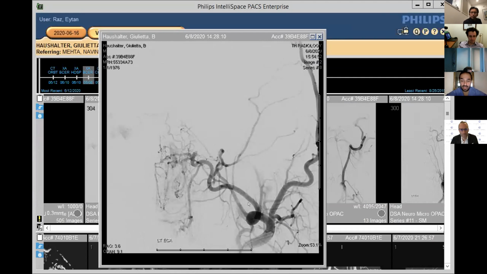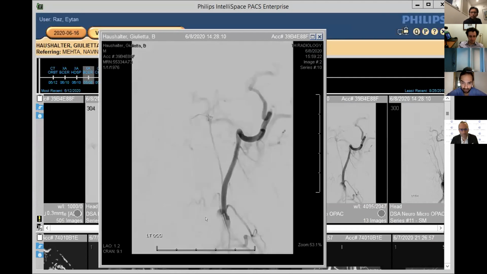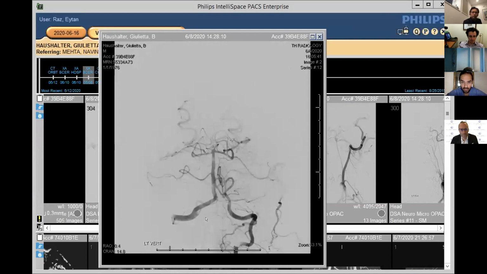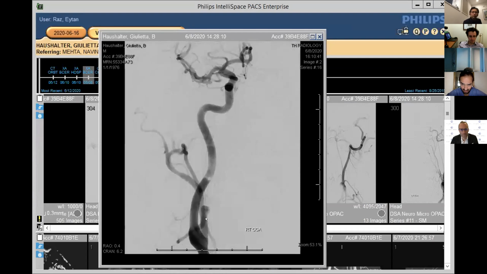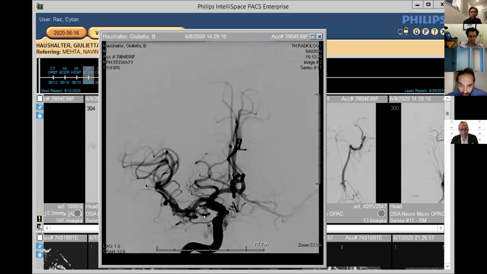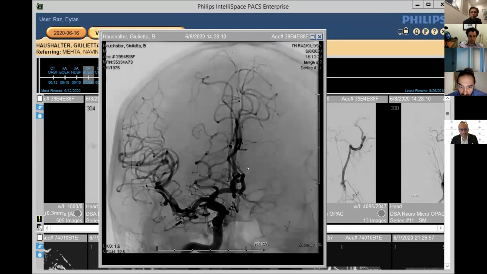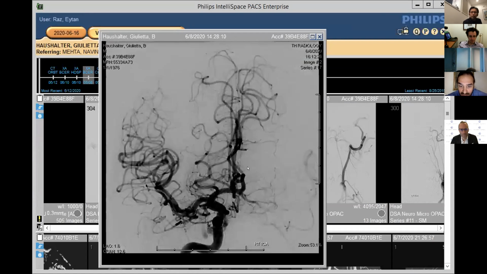This is a frontal view, left external carotid artery injection. And moving to the not much interesting part from the vertebral circulation, but from the right ICA, we see certainly the supply to the fistula from MHT, ILT.